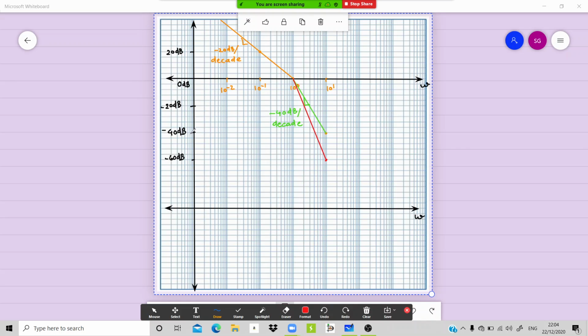We are over here, right? This is 60, so 1, 2, 3, 4, 5. So this is going to be 80. 1, 2, 3, 4, 5. So down 1. And here. Correct?